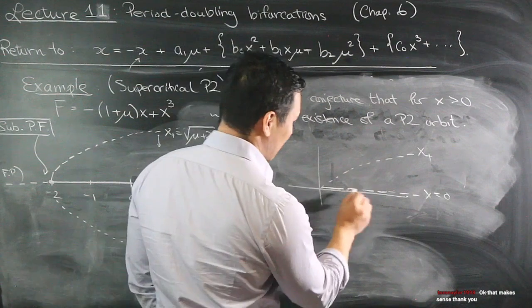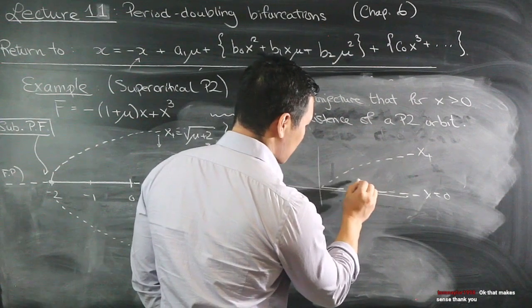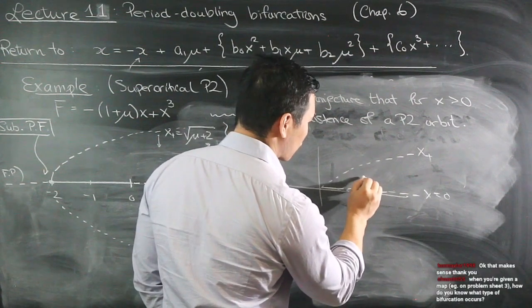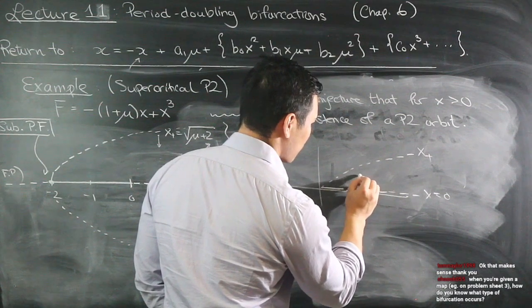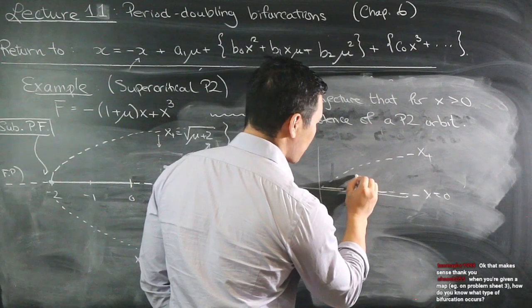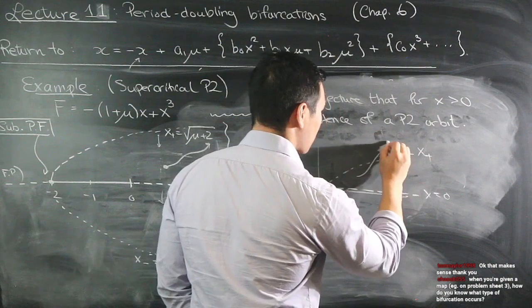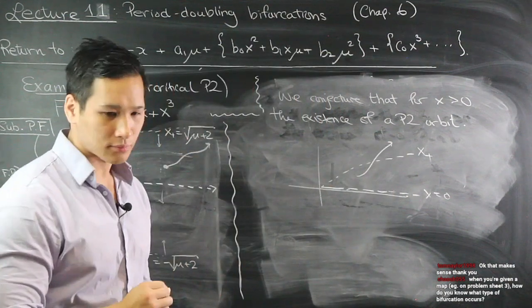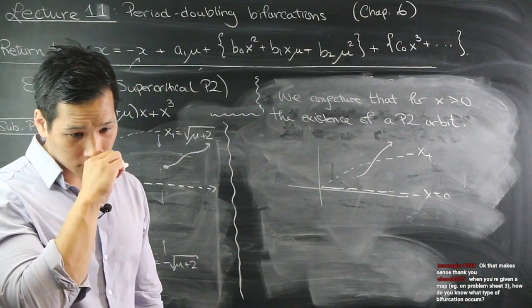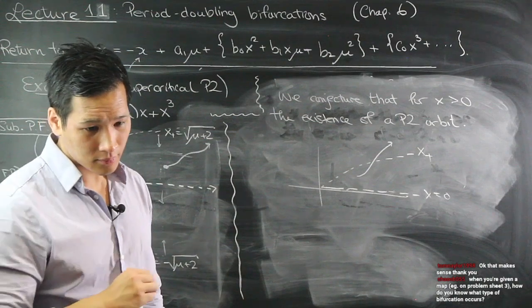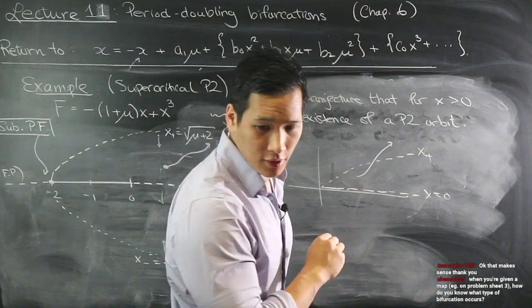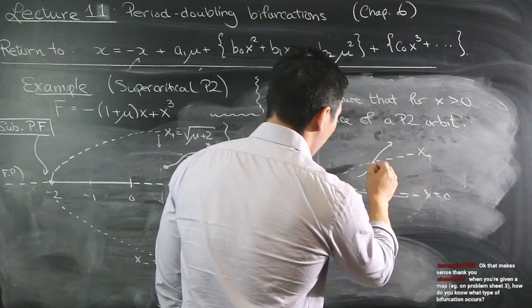And my claim to you is that the trajectory can't cross. It can't do that. Lots of interesting questions. Why can't it do that?